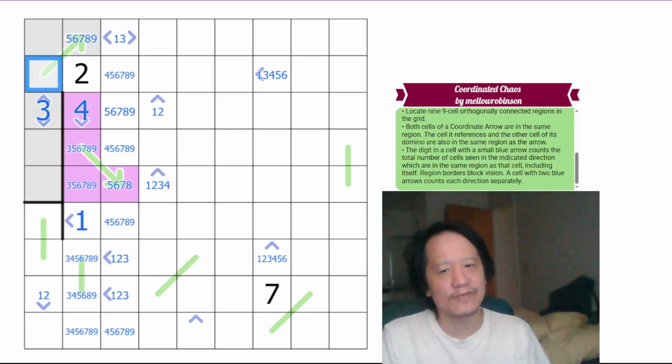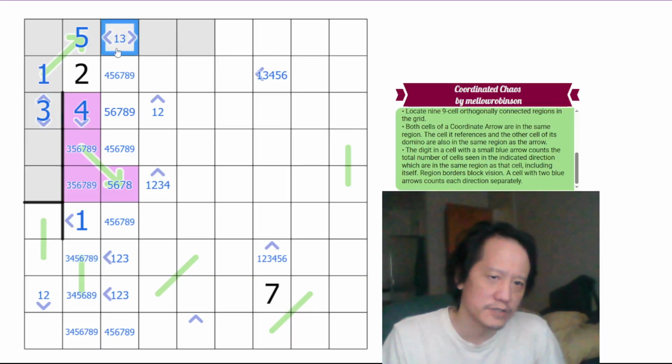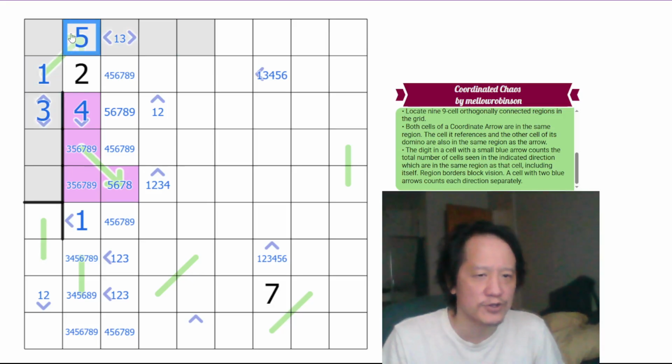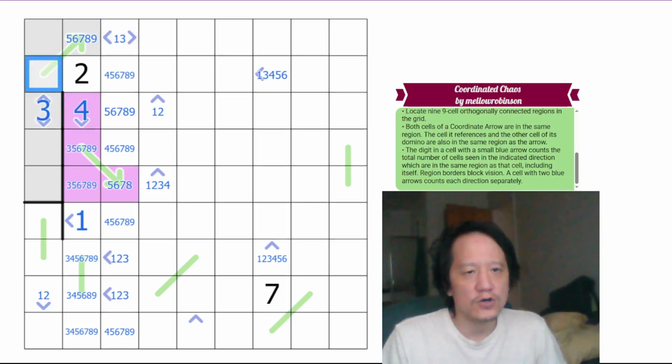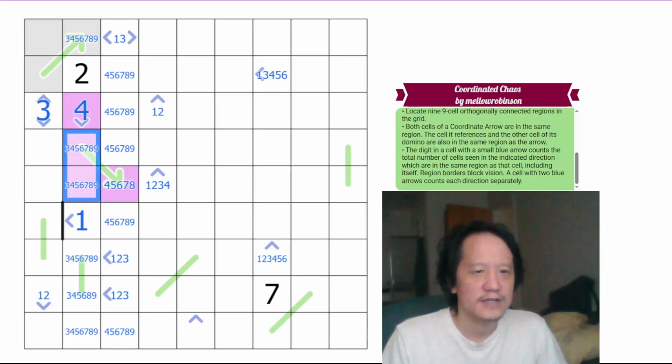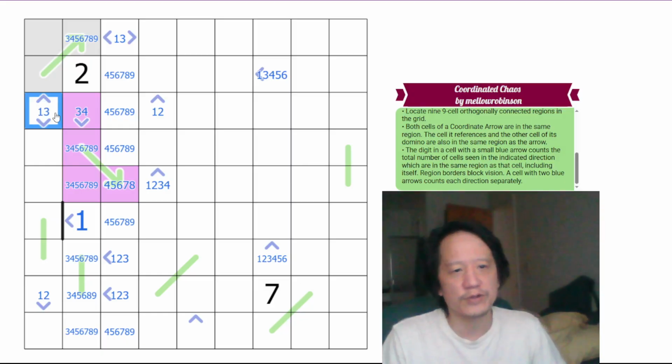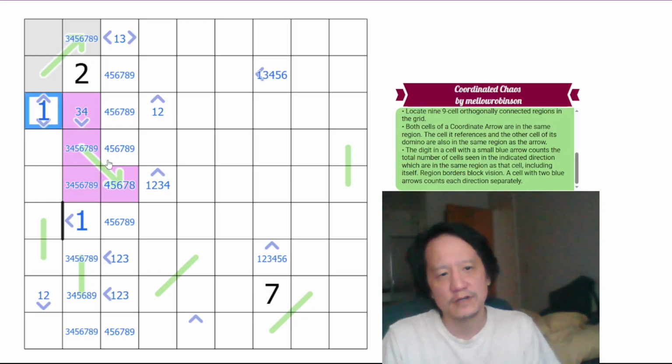So this would have to be 1 and 5, pointing to here, which would fulfill this only if it's this way. Therefore, this would not work, because this would have to be 1 or 3, but we already have 1 and 3 in that region. So, we have shown this can never be 3. So this can never be 3 here, therefore this is a 1.